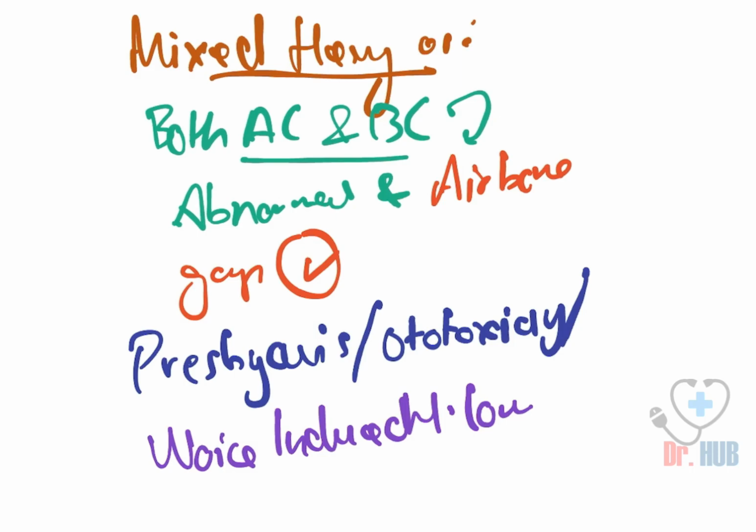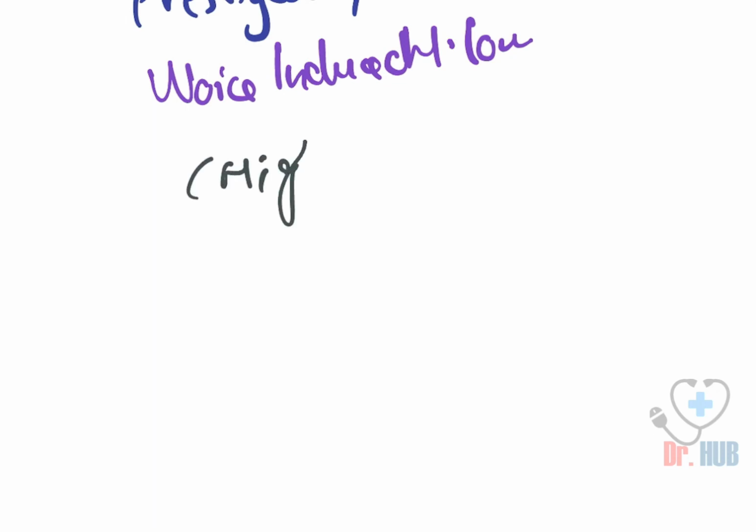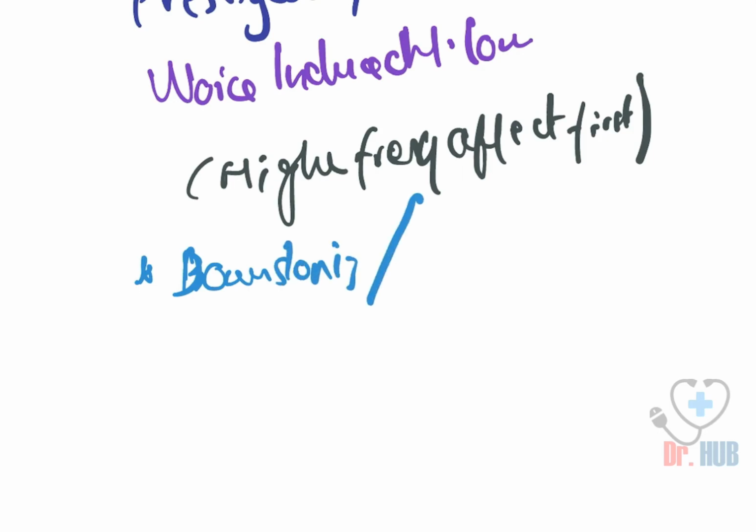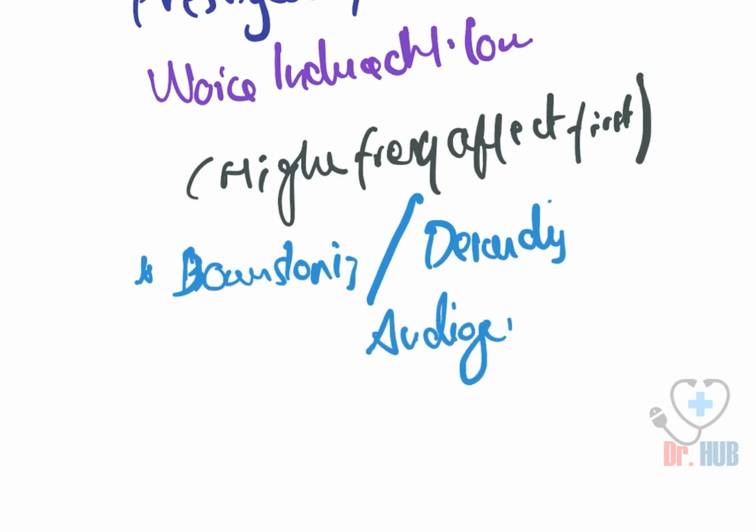So the noise induced hearing loss, here what we see is that the higher frequencies are affected first, and the finding here is that there is a slope. There is downsloping or the descending audiogram.